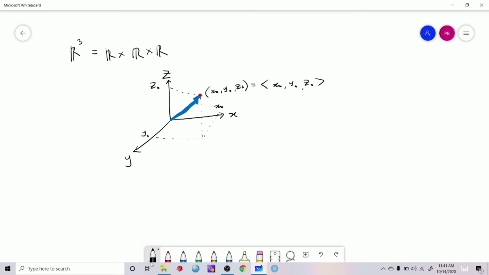And then we can also use the idea of i hat and j hat in R2 here in R3. So here we have i hat, here we have j hat, and for the z-axis we have k hat.